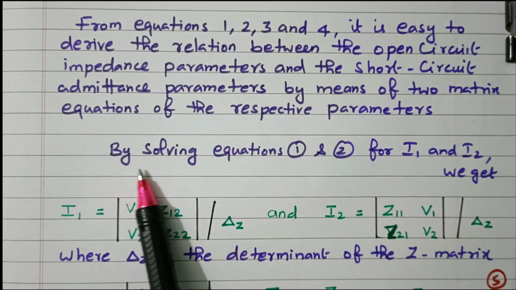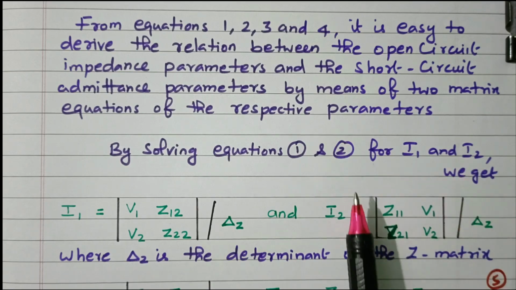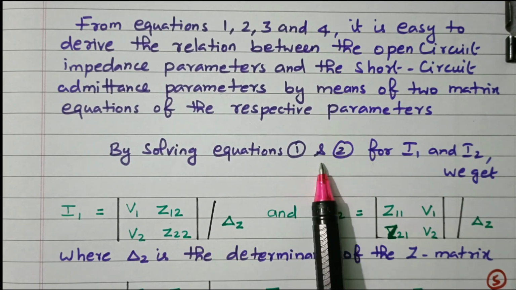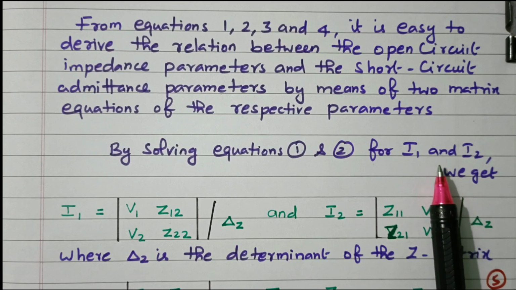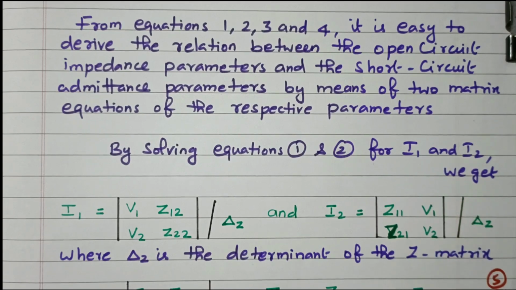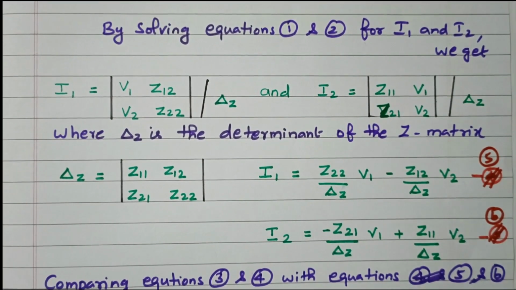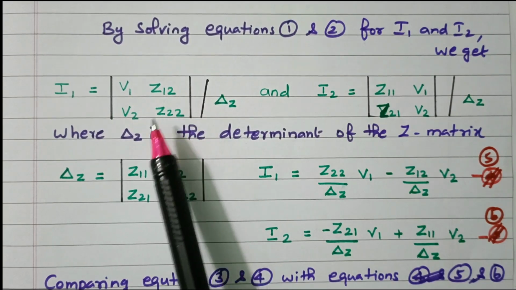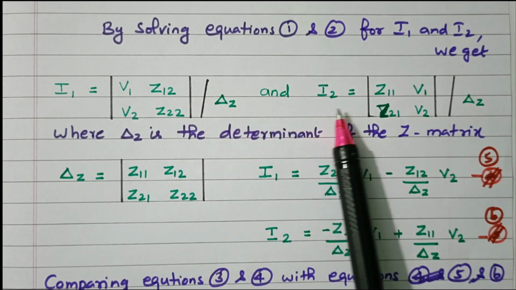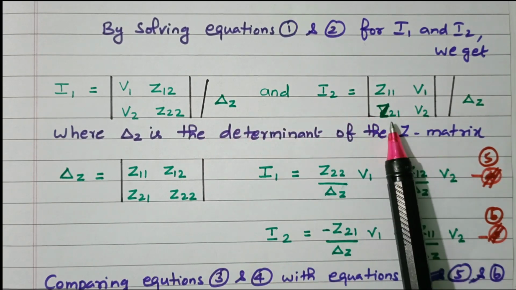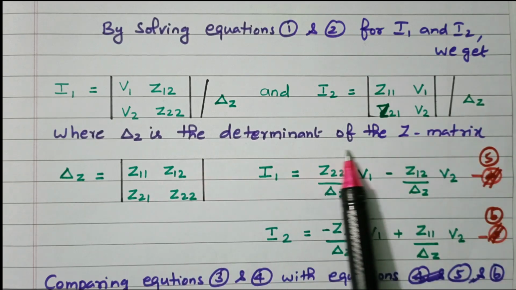The first step: by solving equations 1 and 2 for I1 and I2 we will get, I1 equal to V1 Z22 minus Z12 V2 divided by del Z, and I2 equal to Z11 V2 minus Z21 V1 divided by del Z. Here del Z is nothing but the determinant of the Z matrix.